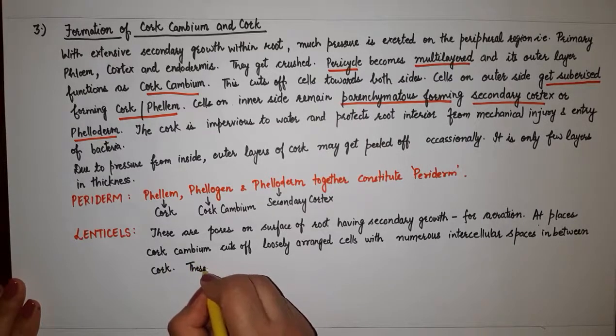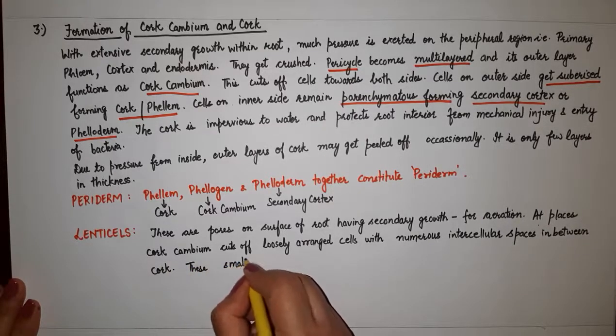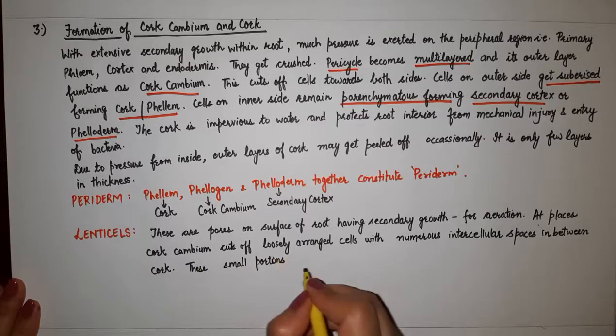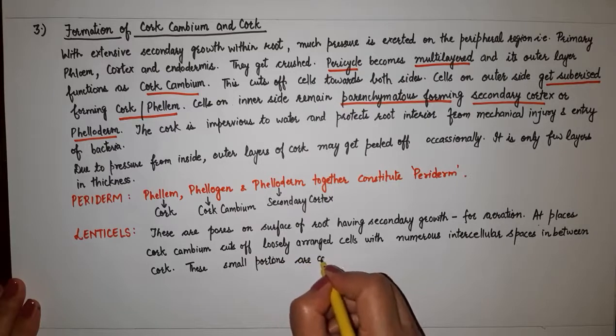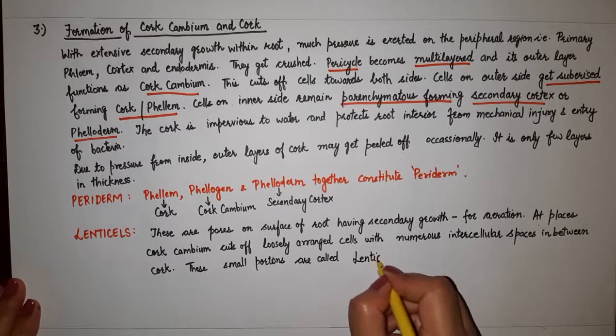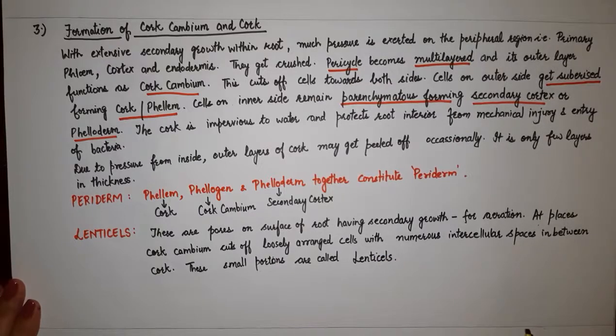These small portions are called lenticels. Okay, we will show these in a diagram.